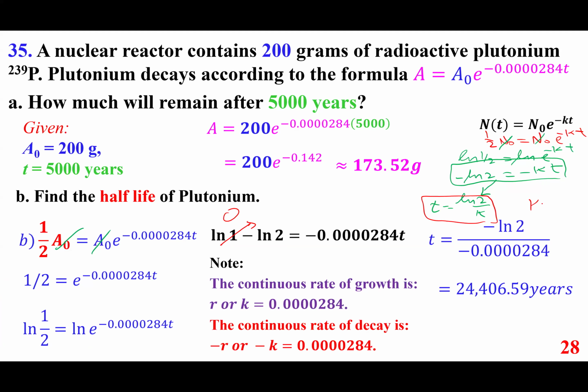Sometimes you're looking for k. If the half-life is given, the rate k here is ln 2 divided by the half-life, and you should be comfortable with both cases.